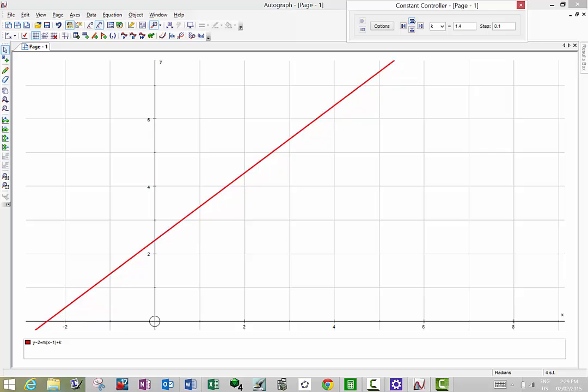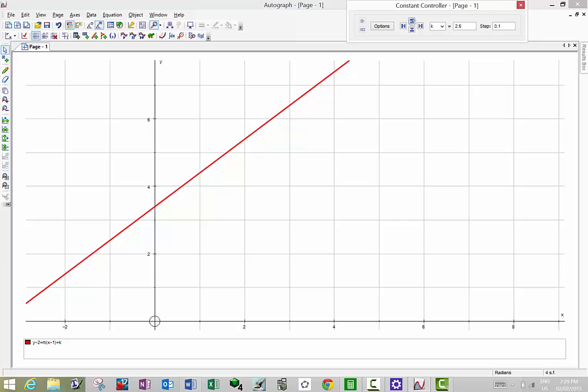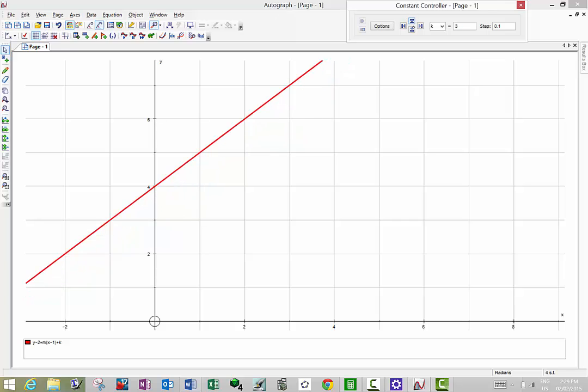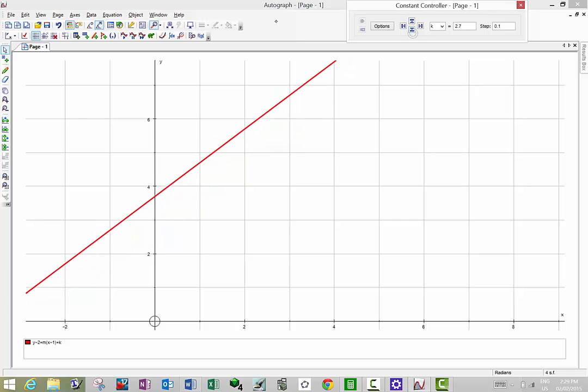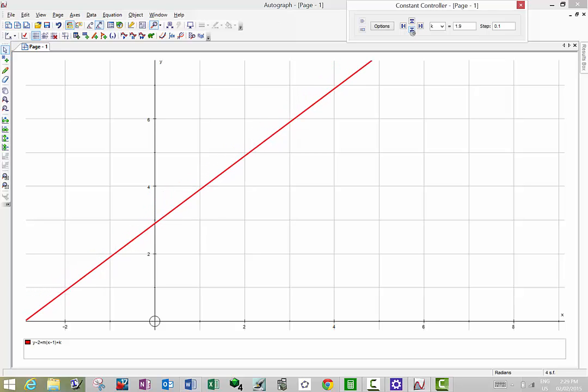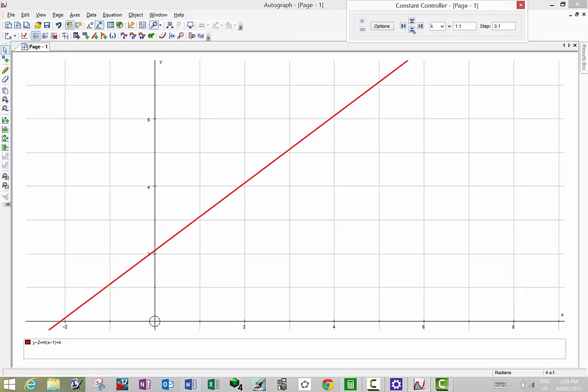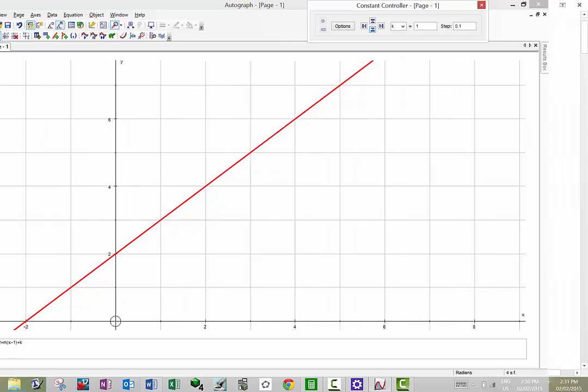Here the slope is the same, but it's moving up the y-axis, or indeed down the y-axis. These two conditions, the slope and the position, define the line. If we know these, then we know everything we need to know about the line.